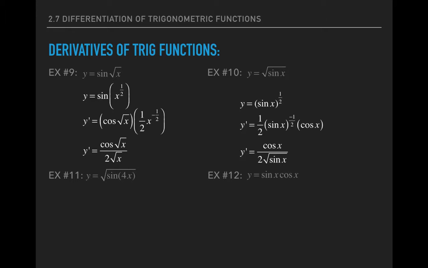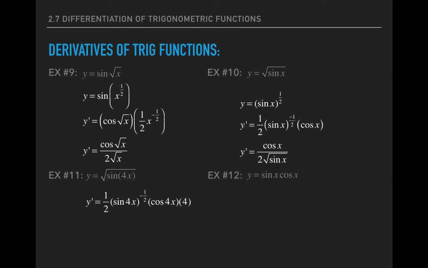All right, 11. Rewriting this. This is really the previous problem, but then the chain rule is applied twice here again. So the outside function is you're taking the sine 4x and raising it to the half power.